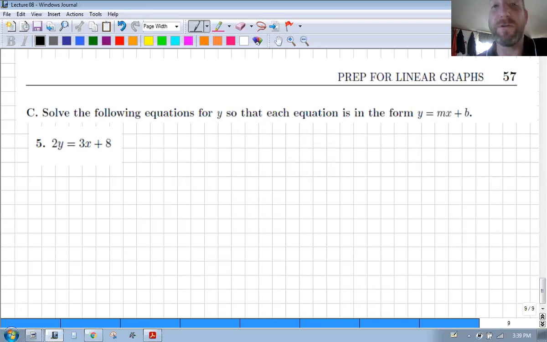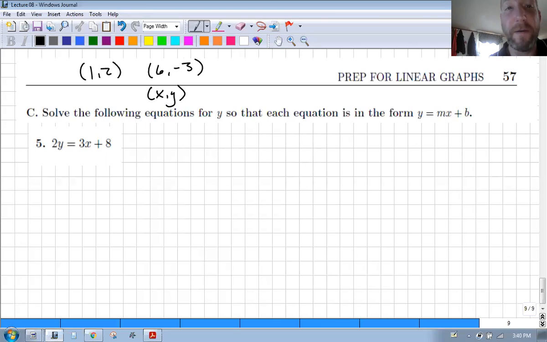There's only one solution to the equation. But now that there are two variables, the solutions to this equation, there's an infinite number of them. And they come in coordinate pairs, an x and a y. So the solutions might look like (1, 2), or (6, -3). But there's an infinite number of them.